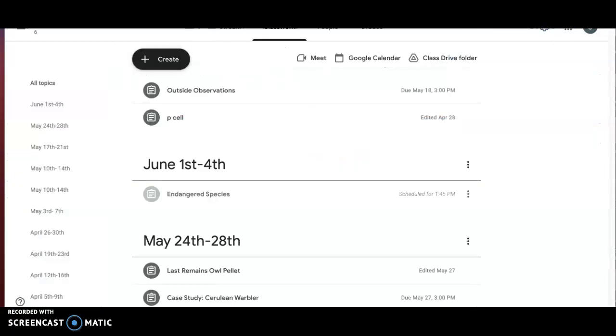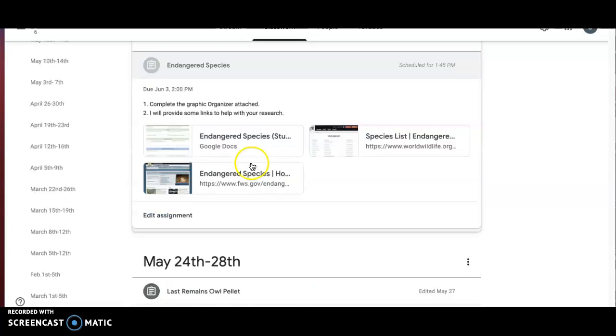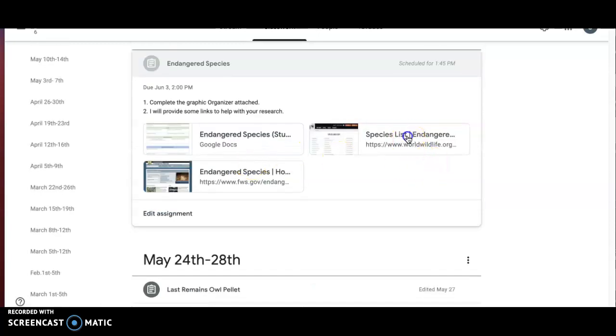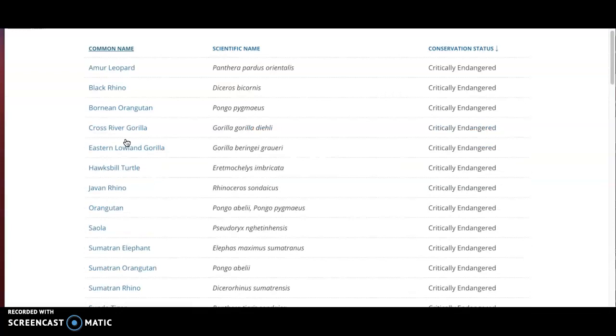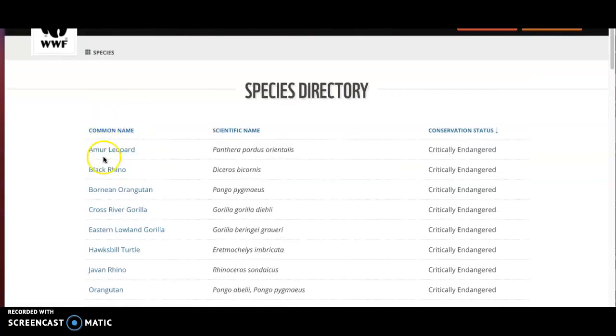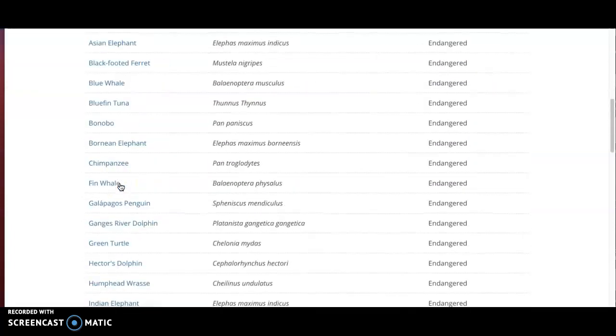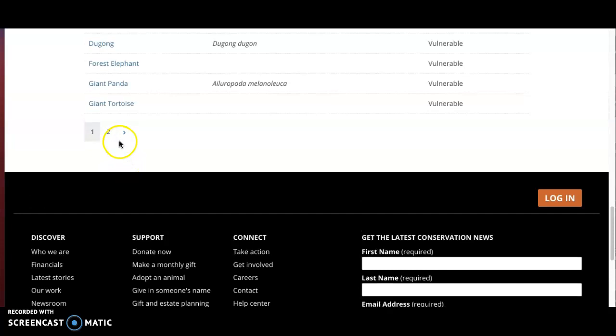I've given you two websites. This is the WWF website, and this is all the endangered ones. Oh, look at this. Common name, scientific name, all right there. There's two parts for you. You can choose any one of these that you would like.